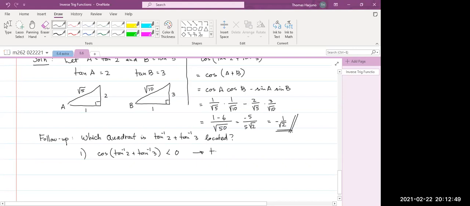So from there, we know this angle is in the quadrant where cosine is negative, either quadrant 2 or quadrant 3. Right? Cosine is negative in quadrant 2 or quadrant 3. Second, we know that tangent inverse 2 must be in quadrant 1. Yeah, tangent inverse of a positive number must be in quadrant 1. Okay, tangent inverse 3 also in quadrant 1.